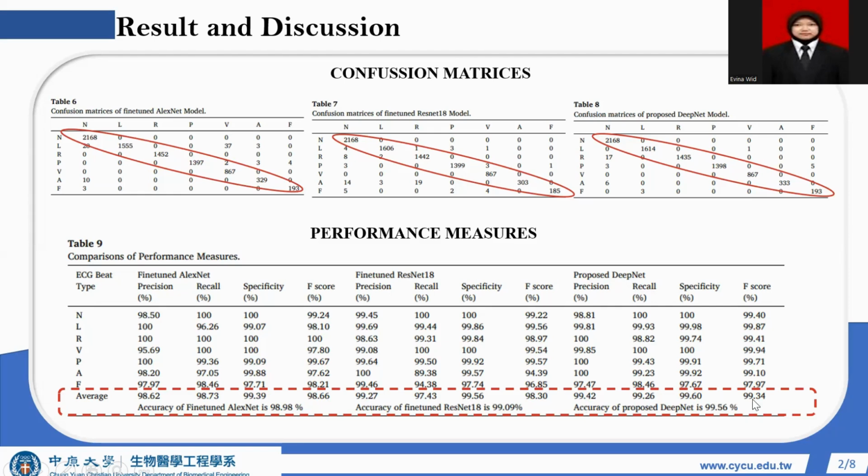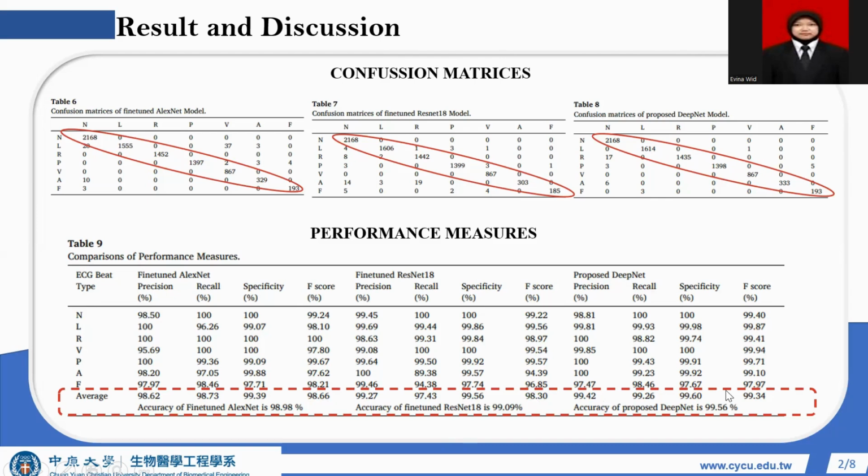And for the last one, F-score, DeepNet also gets the higher score, 99.34. ResNet is just 98.30, and AlexNet is just 98.66.